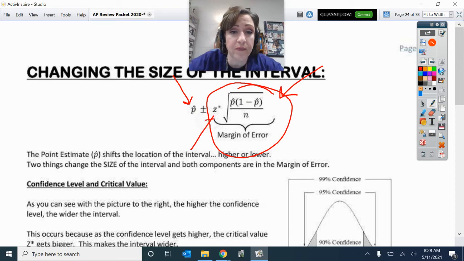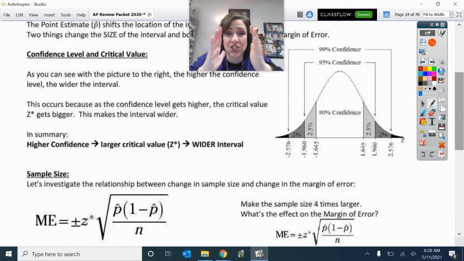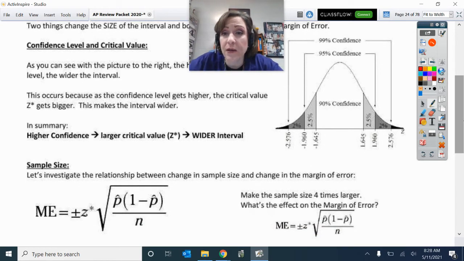The critical value. How will that affect the spread of the interval? Well, of course, the more confident, the more area in the middle. So the wider the interval, the bigger the critical value. More confidence, bigger, wider interval.